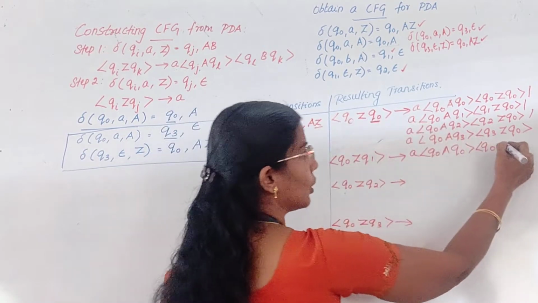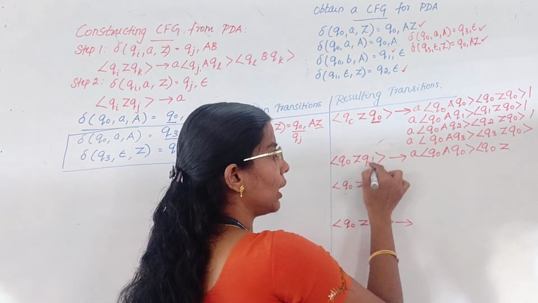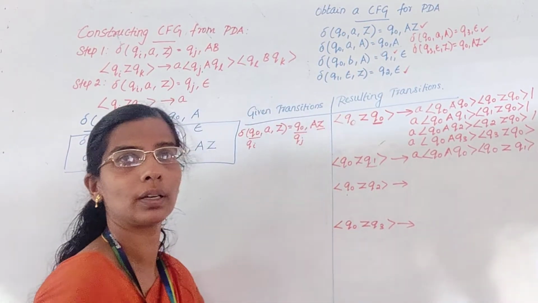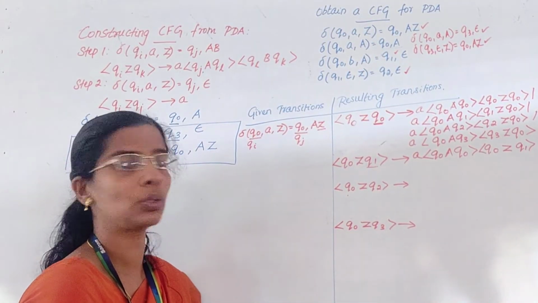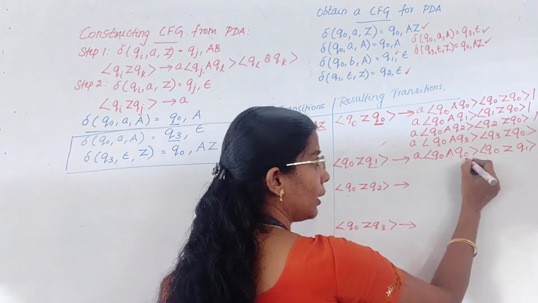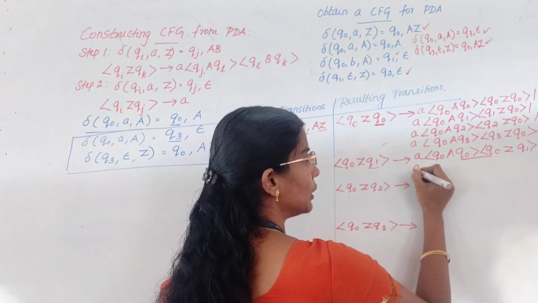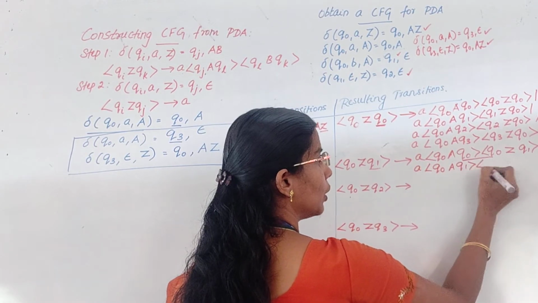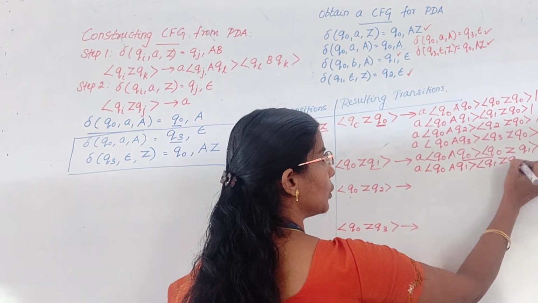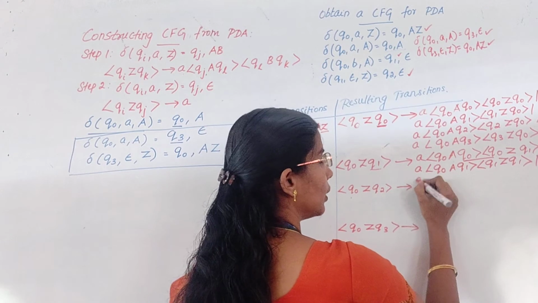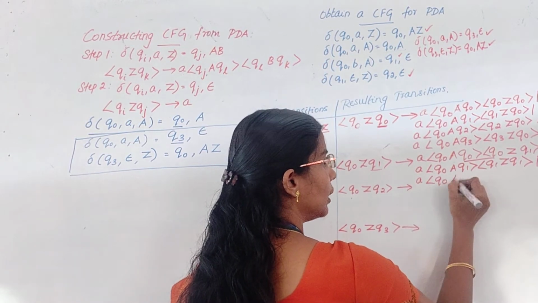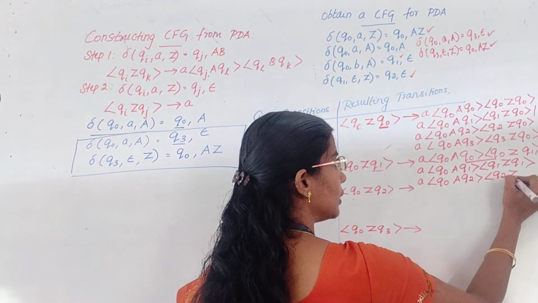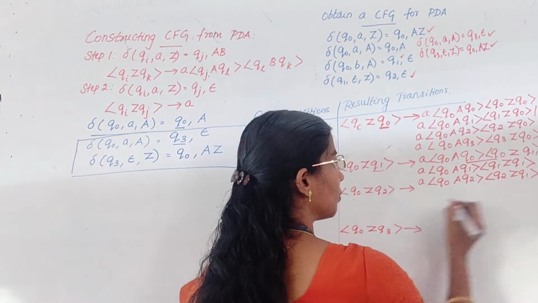Right. Write the next non-terminal. And what about the K value? It is Q1. Right, K value is Q1. Right. Now write all the possible L values. A, Q0, A, Q1, Q1 set Q1, A, Q0, A, Q2, Q2 set Q1.